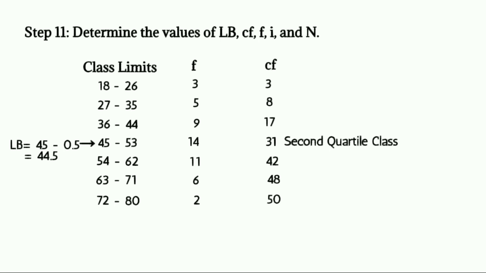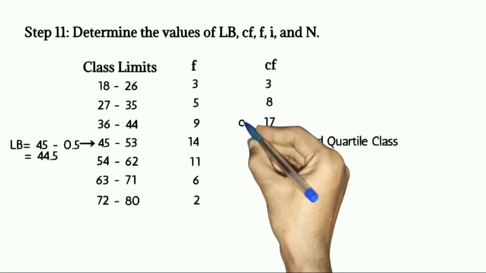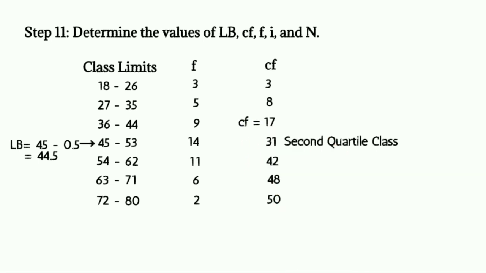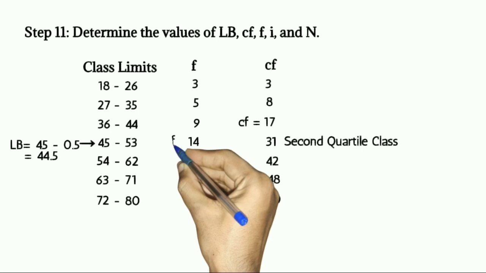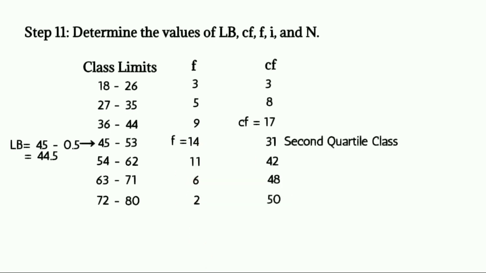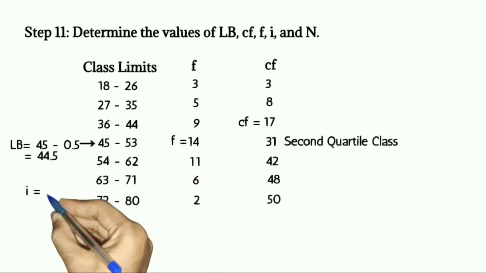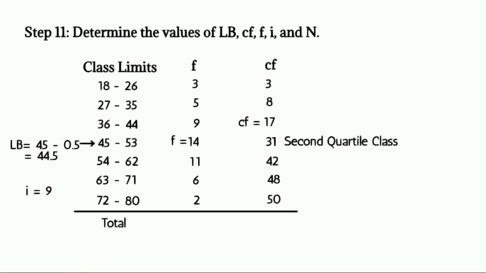Next is the CF, or the cumulative frequency before the median class. CF is equal to 17. Next is the frequency of the median class, or the F. F is equal to 14. I is equal to 9, and N is equal to 50.